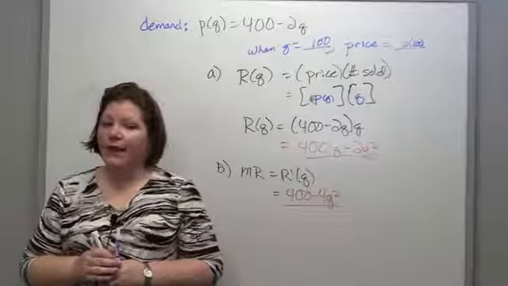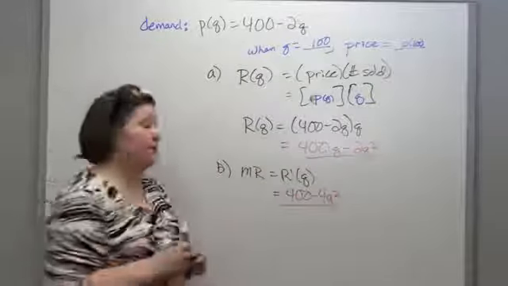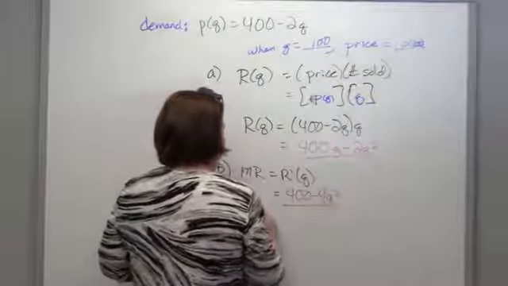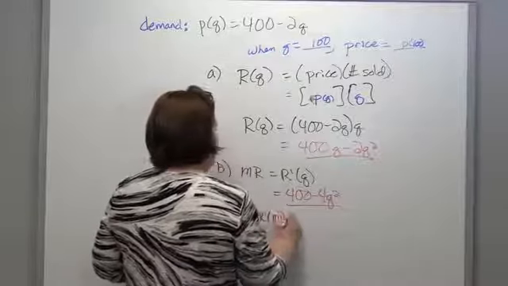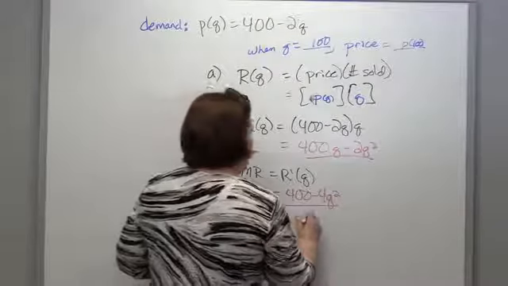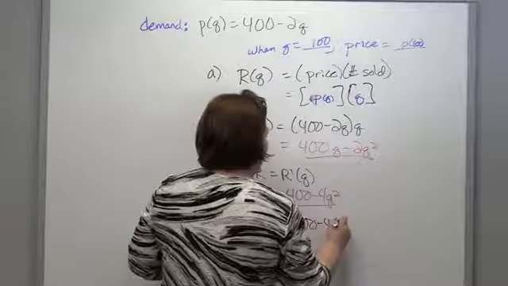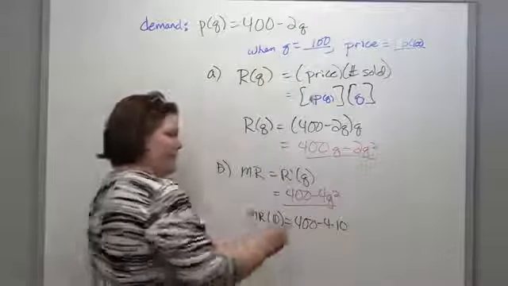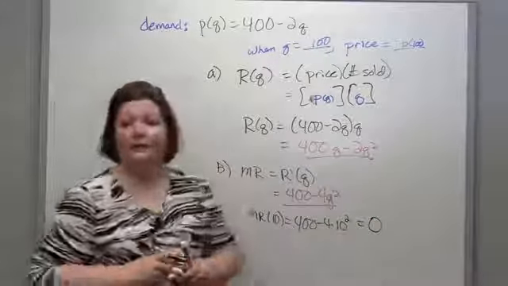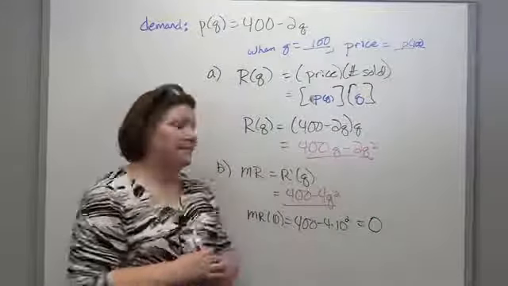And then we're also asked to find the marginal revenue when q equals 10. So we're plugging in 10 into here. We're going to get 400 minus 4 times 10 squared. That equals 0.